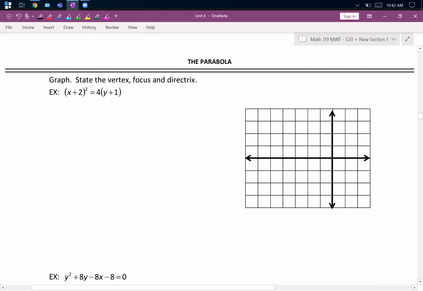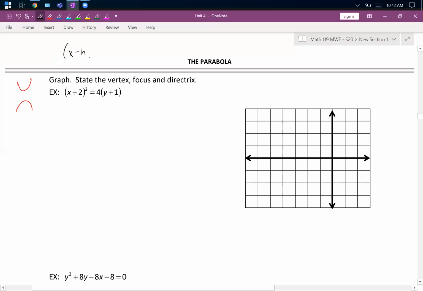All right, let's graph one where our vertex is off the origin. Is this going to be opening up and down or side to side? Up and down? Since x is the one that's squared, we're going to be opening up or down. Let's identify our vertex. Oh, wait, you know what? I might not even do that yet. I might try to get it into the form, right?